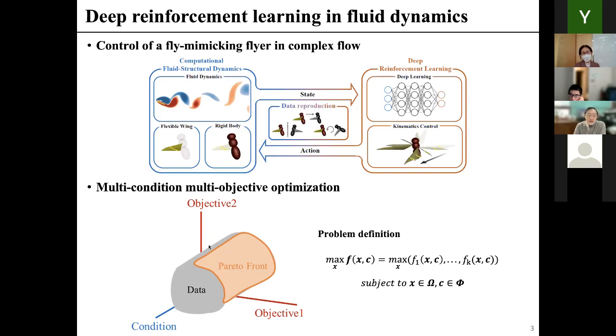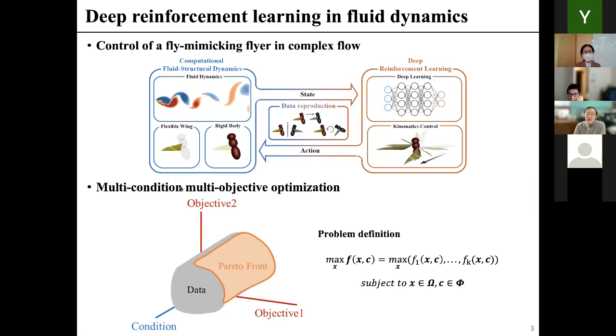And the other case is the multi-condition, multi-objective optimization. Most optimization techniques are developed for multi-objective optimization. So for example, we have objectives of something and the other, and then you make a gradient-based approach or many nice optimization methods in the multi-objective space.